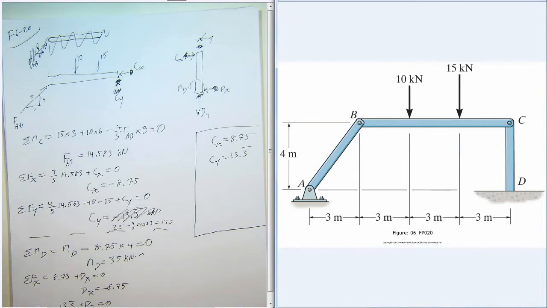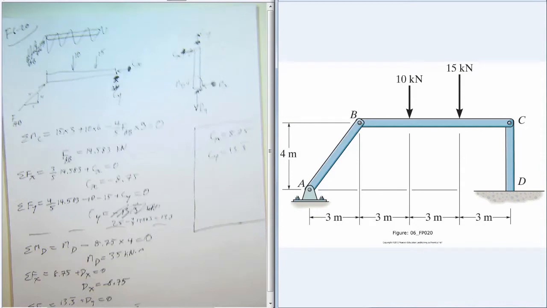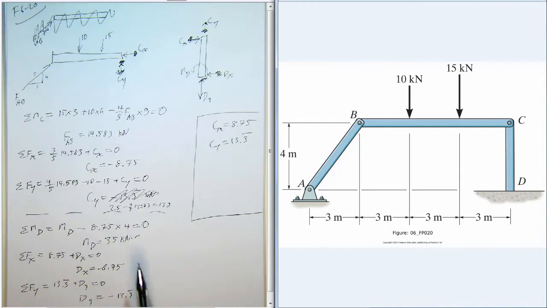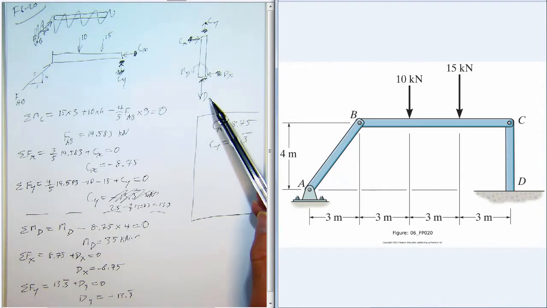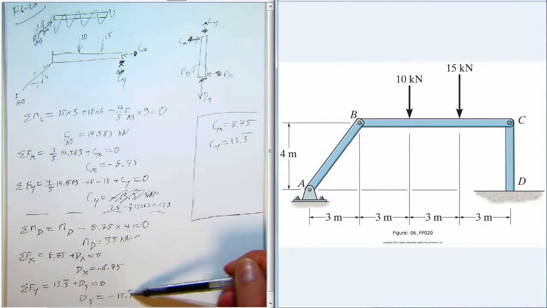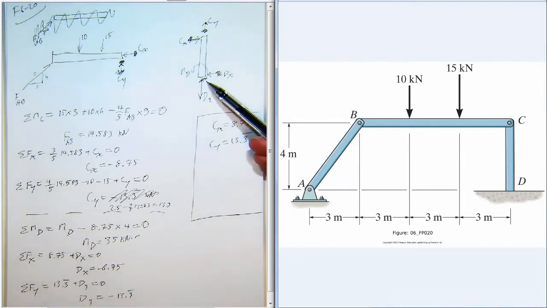It's unfortunate that I made that mistake, but it does allow for a good teaching point. When I solved for the reactions here at Dy, I found that it was negative, so that would mean that the ground was actually pulling point D down. Without this fixed support, remember CD would float up in the air, and that didn't seem right because the applied forces that we have here are down.